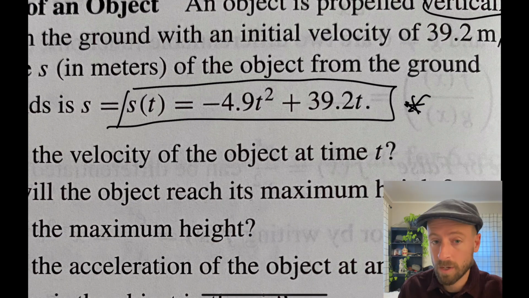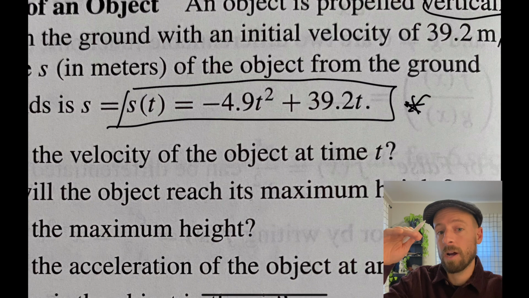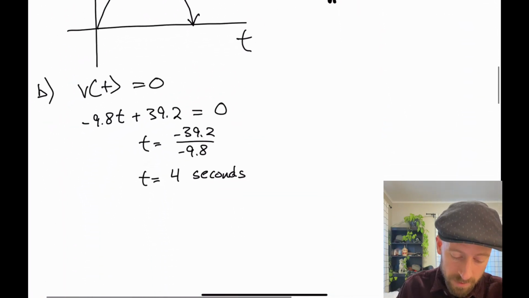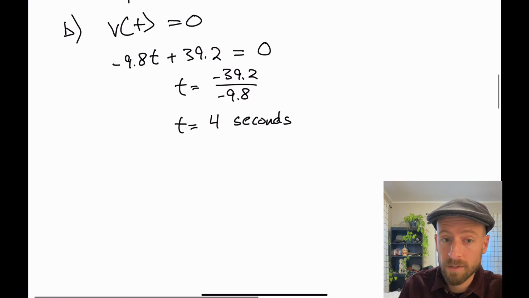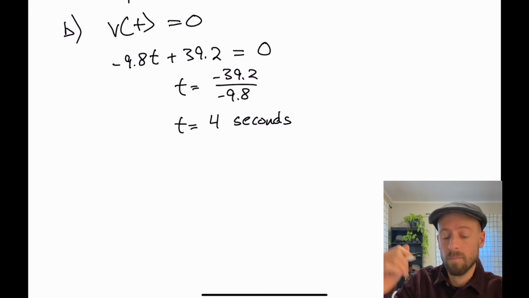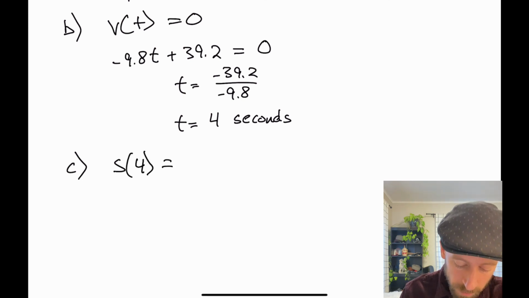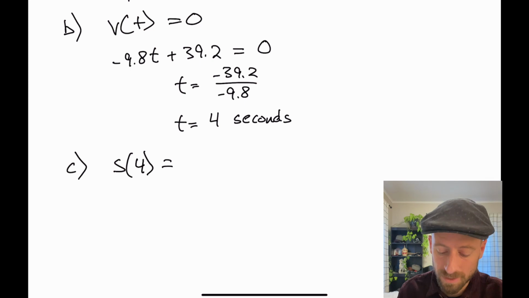So if I plug in 1, it'll tell me how far off the ground I am after 1 second. I want to plug in 4 seconds because that'll tell me what the height is at its maximum, right? So for C, I want to plug in s of 4. So I'm just plugging 4 seconds into my original position function.